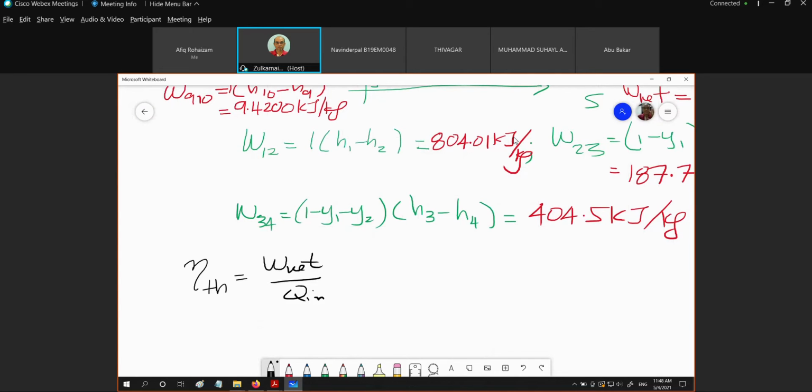This is the amount of work that we are getting from this plant in terms of kilojoule per kilogram. Now we want to look at the efficiency, the quality of our plant. And the Q in is equal to H1 minus which H? H10. Are you sure?